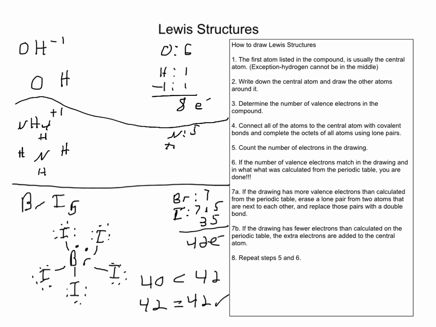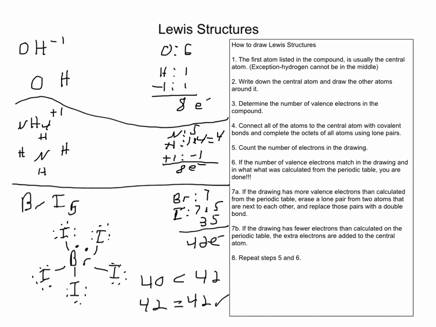Hydrogen has 1 times 4, gives us 4 valence electrons, and the +1 tells us that we actually have to subtract 1 electron from our total. So instead of having a total of 5 plus 4, 9 valence electrons, we actually have to get rid of 1, so we have 8 valence electrons in our compound.